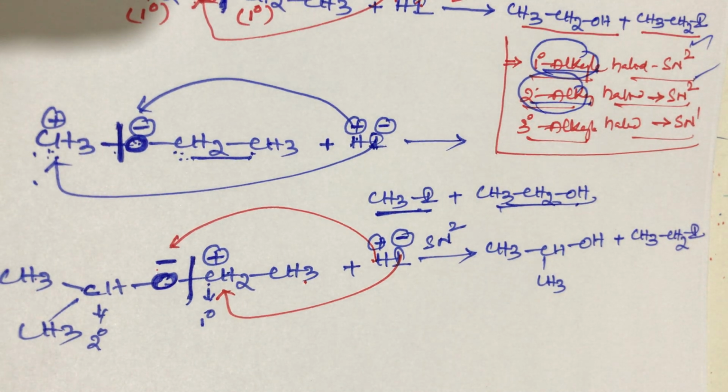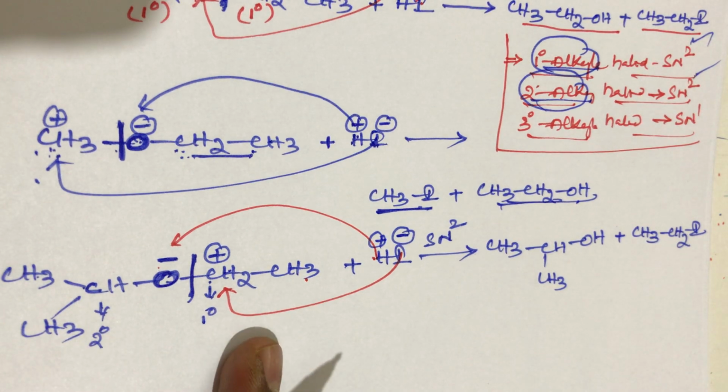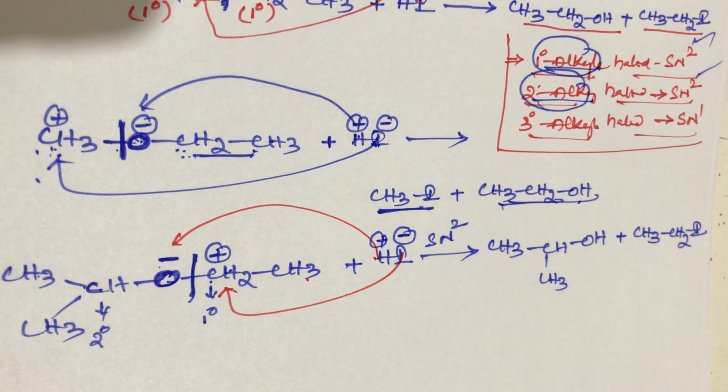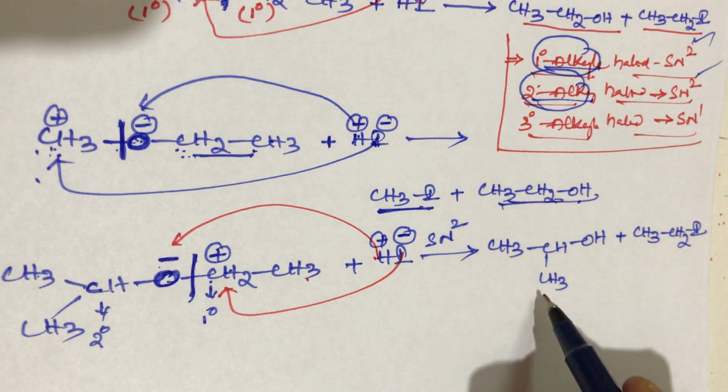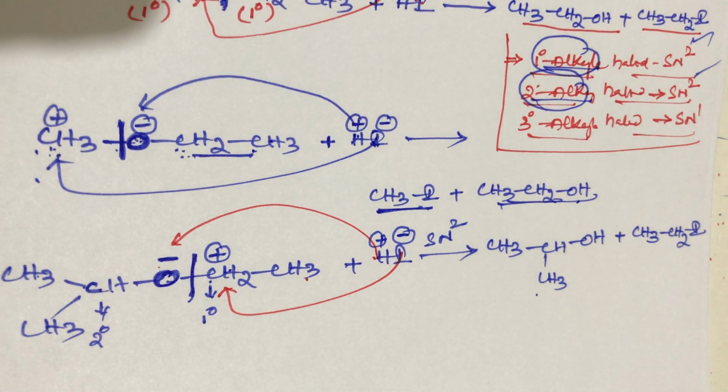Remember, for unsymmetrical ethers, H plus will always attack the bulky group side, and I minus will attack the less hindered or less crowded carbon side. So ethyl iodide and a secondary alcohol are formed. The overall reaction follows the SN2 mechanism.